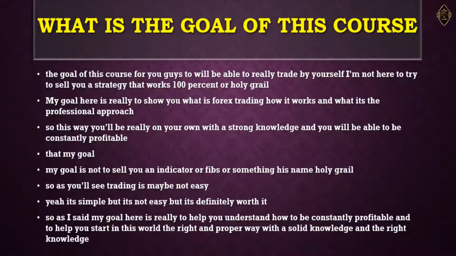My goal is not to sell you an indicator or fibs or something named Holy Grail. Because if you go now to those affiliate programs like ClickBank, DigiStore24, JVZoo, Warrior Plus, you're going to find a lot of people selling indicators and naming them Holy Grail or blah blah blah.